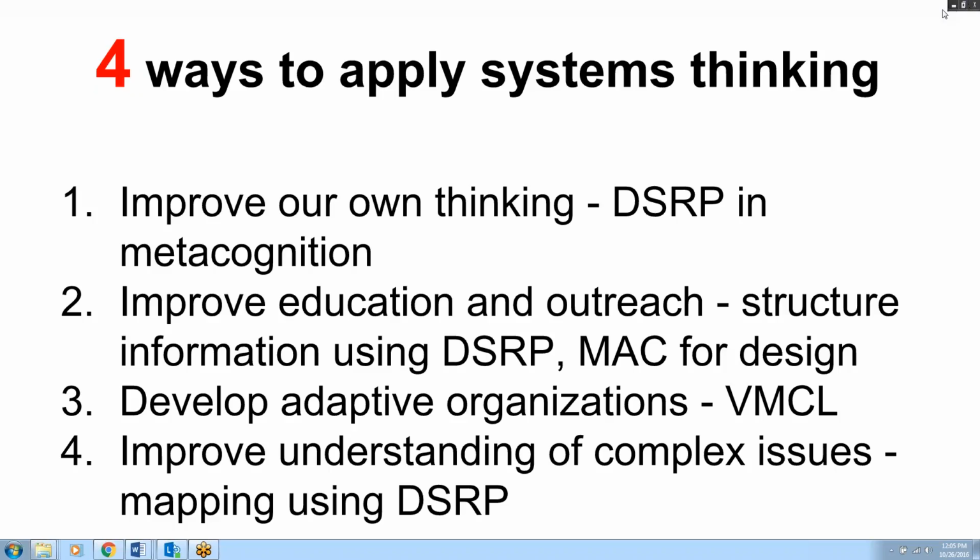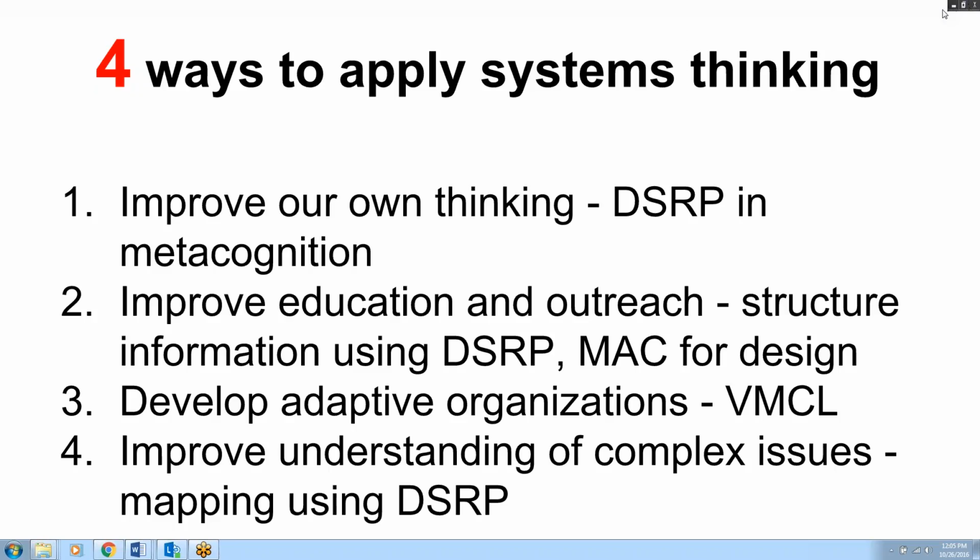But as I see it, systems thinking is really useful in four general ways. One, to improve our own thinking using DSRP and metacognition. I'll tell you what all these acronyms are a little bit later on. Two, it's helpful in improving education and outreach. If you understand how people think, you can better engage them and help them develop their own knowledge.